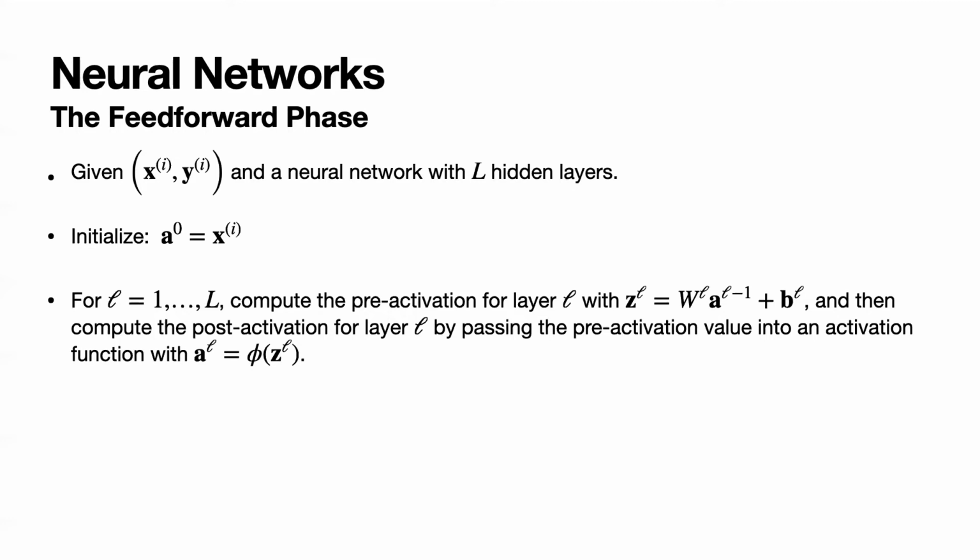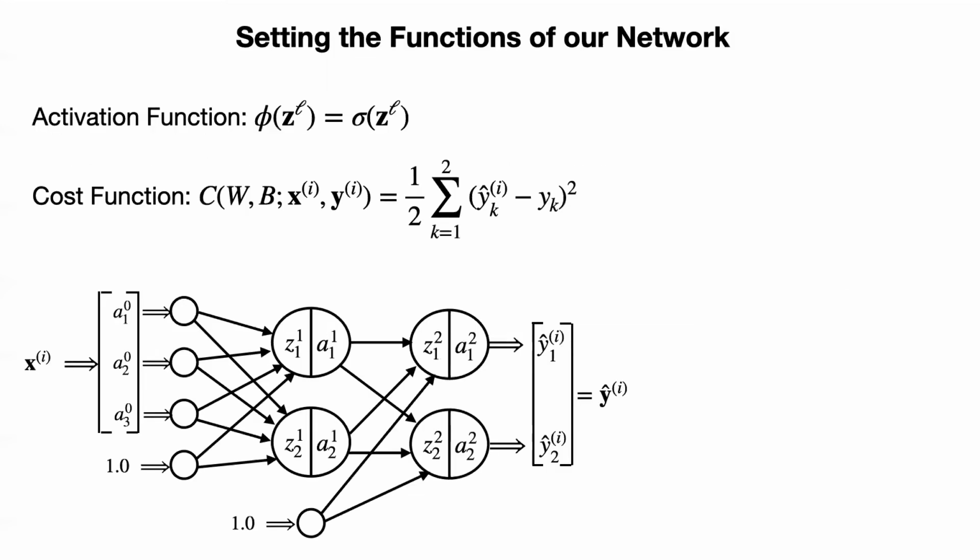And then you pass that into an activation function to get your post-activation value. And then you predict out the last A that you found. Just as before with the single neuron, you apply the activation, you get your post-activation, and that is your output.